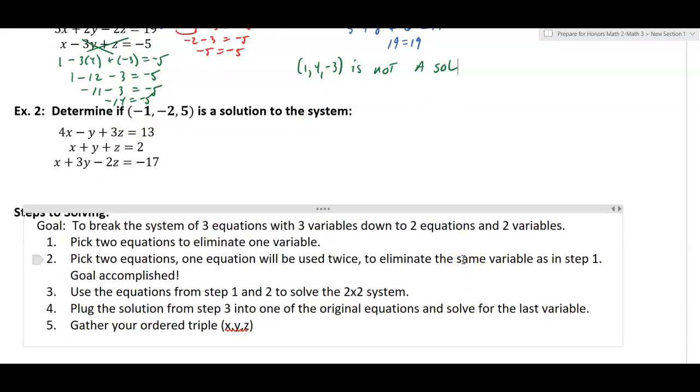Now the next one. I'm going to go through this one a little more quickly.